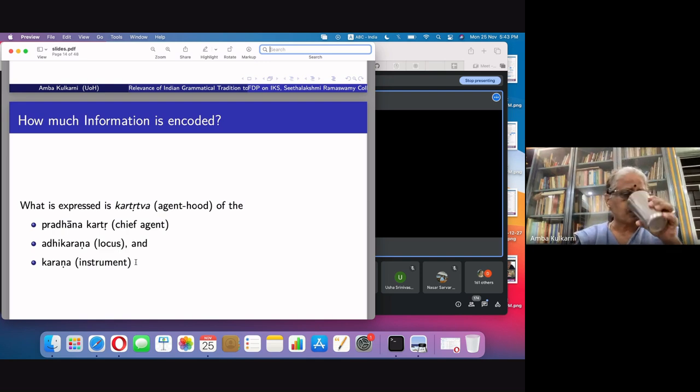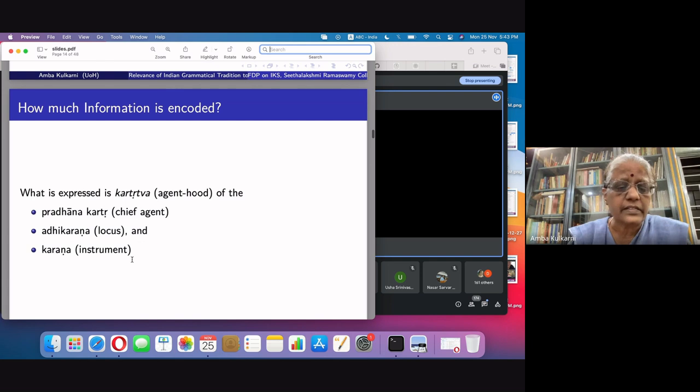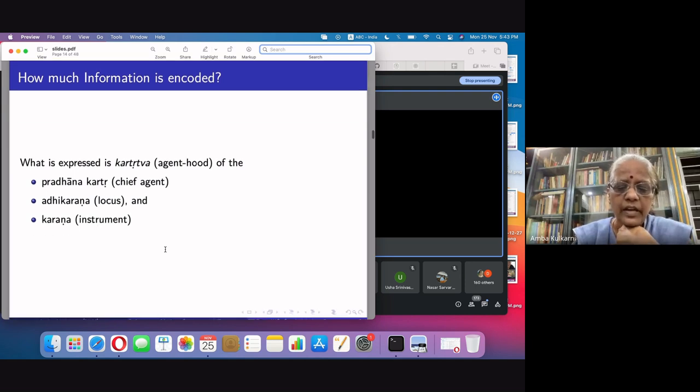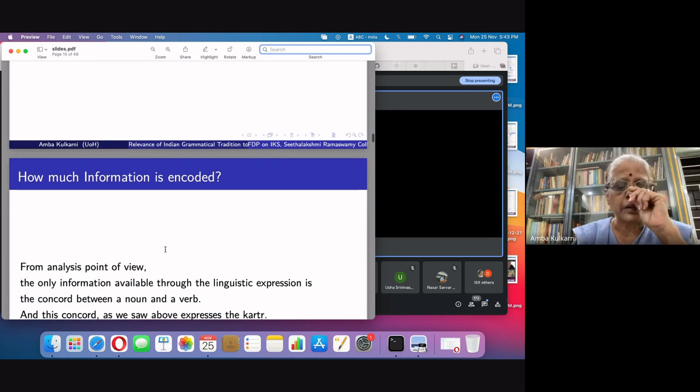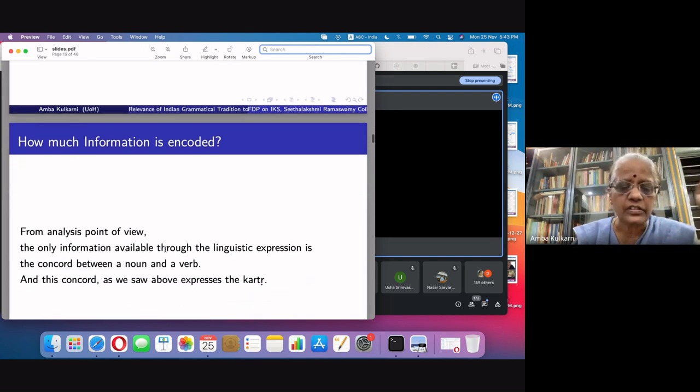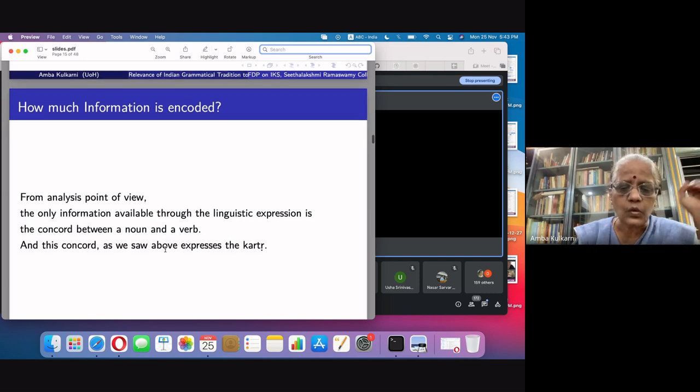So what Panini says is, it is difficult to decide whether something is a karana or instrument or locus just by looking at the sentence. What you can actually extract through the linguistic expression is that there is a concord or some kind of agreement between a noun and verb.